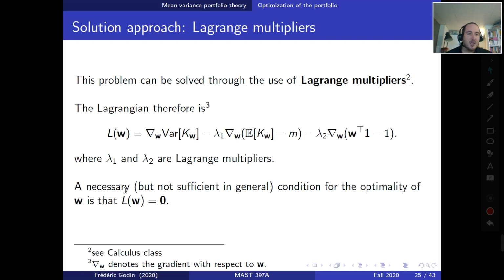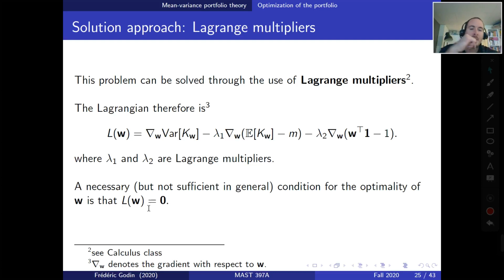This condition in general is not sufficient, but necessary. Here we won't try to show that it's a sufficient condition. We'll only assume that when we find the point W where it is 0, this is our solution.